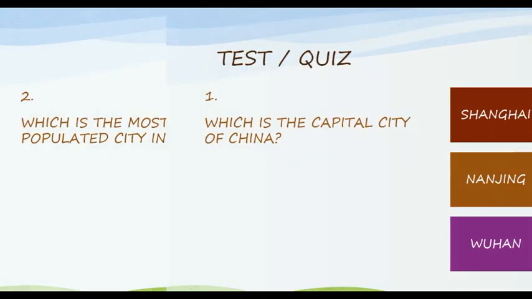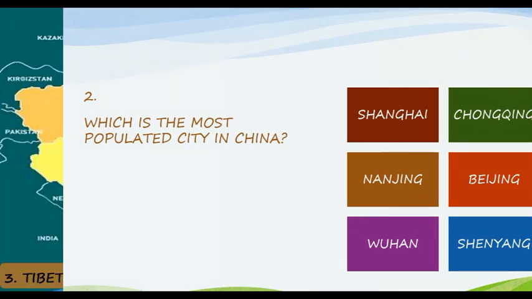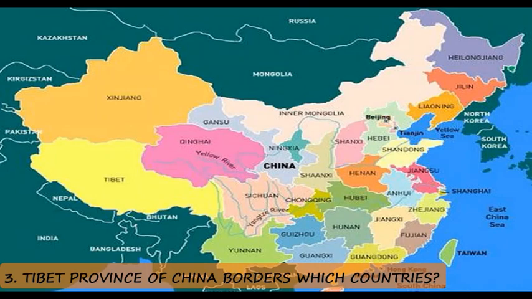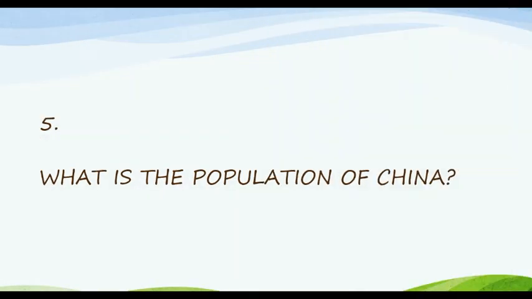Sport quiz. 1. Which is the capital city of China? Is it Shanghai or is it Beijing? 2nd. Which is the most populated city in China? 3. Tibet province borders which countries? 4th one.